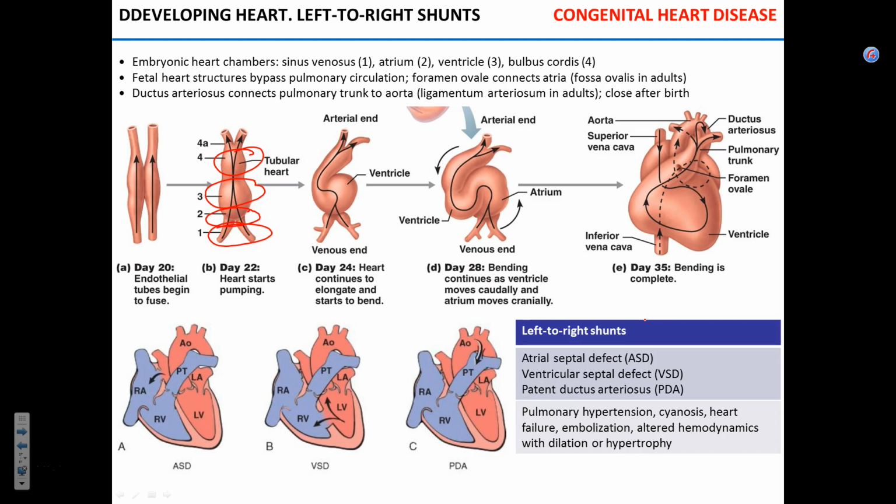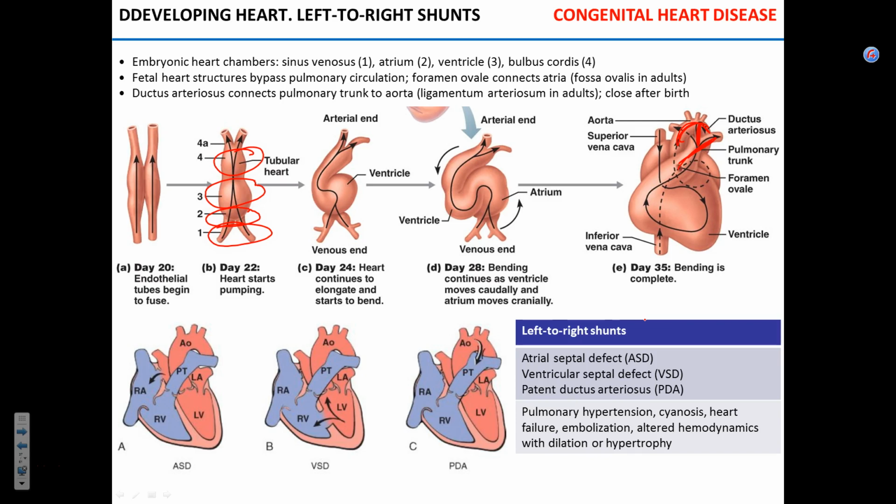What I want to highlight is that in the fetal heart, aorta and pulmonary trunk are connected by the ductus arteriosus. Does that make sense? So aorta and pulmonary trunk, systemic and pulmonary circuits are connected.